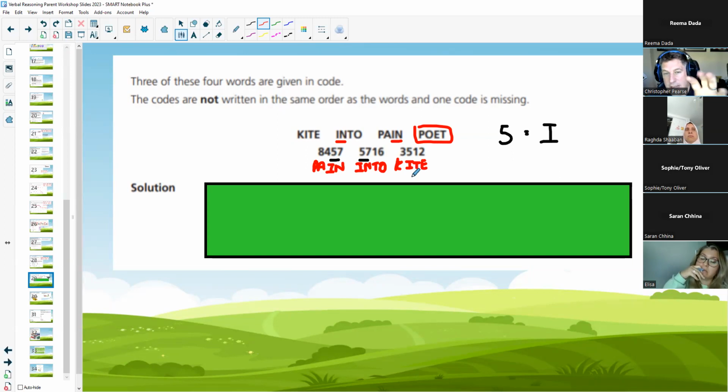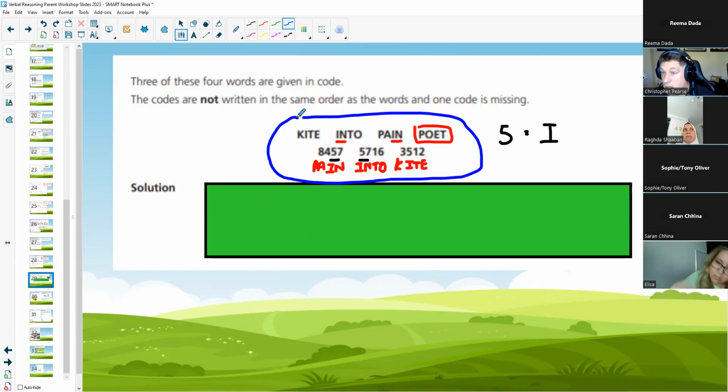But you could imagine with this, you would then have a series of questions underneath. So it might be, what's the code for kite? What's the code for 5716? So this process at the beginning, as you say, is very involved. There's a lot you need to try and do there first. So that might take you a couple of minutes to do. But after that, then you go to the questions. Okay, thank you.